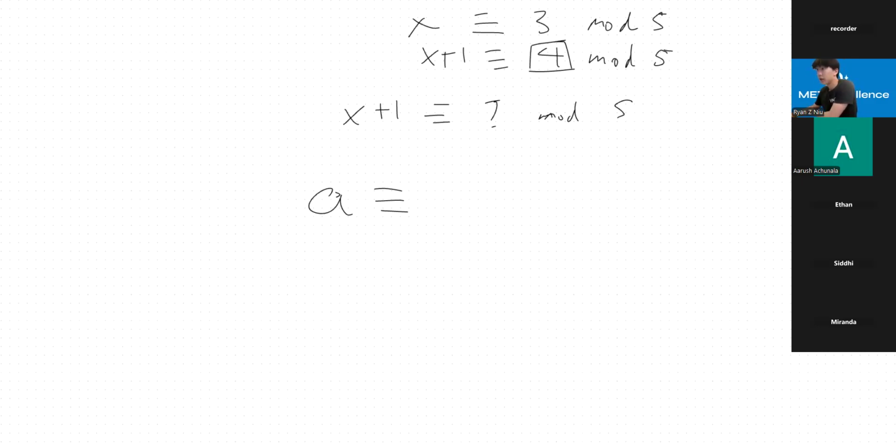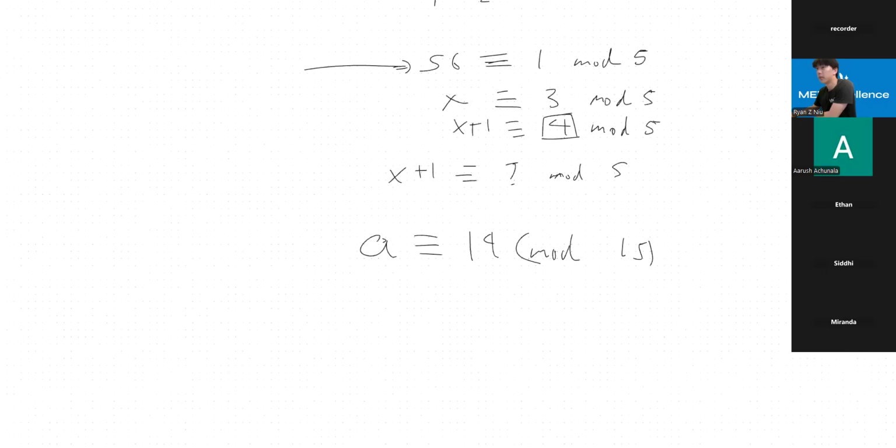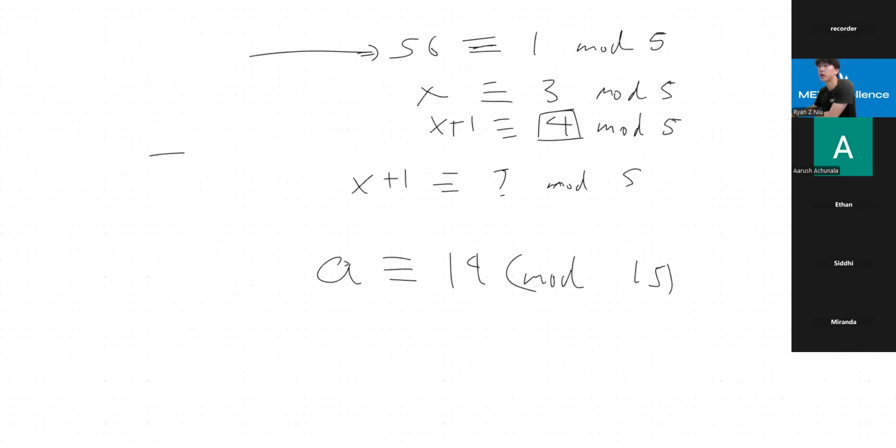So let's say A is equal to 14 mod 15. Why is it 3 bars? It's 3 bars because we don't want it to be 2 bars, because 2 bars means they have to be exactly the same, like 3 equals 3, x equals x.